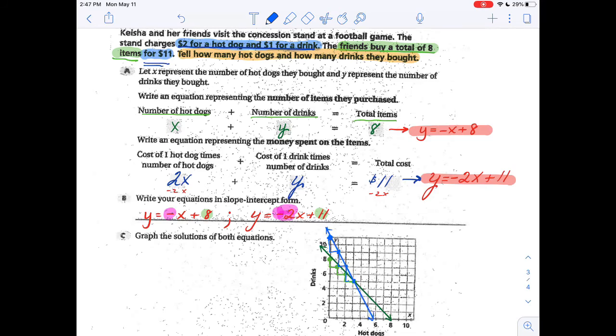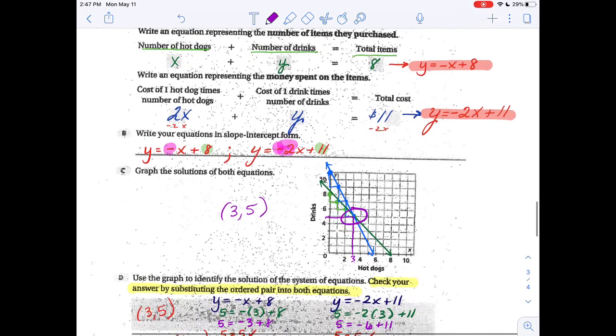And when we are all finished, we can see there is one solution. And that solution is when x is 3 and y is 5. So my solution is 3, 5. 3 hot dogs, 5 drinks.